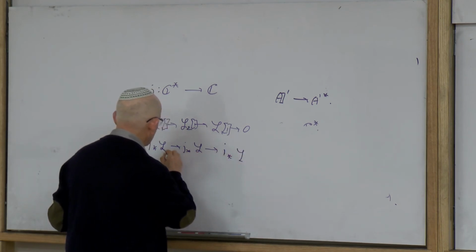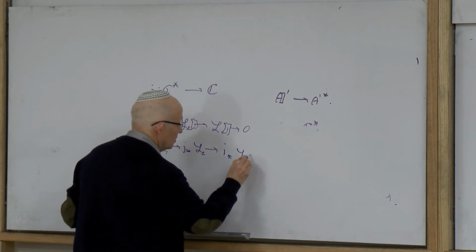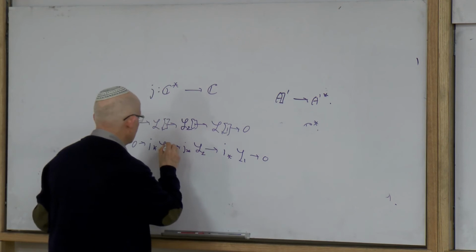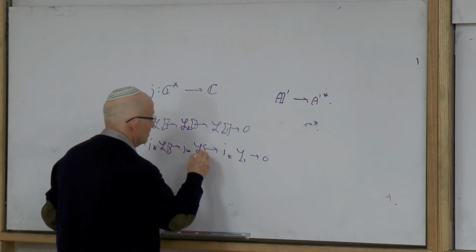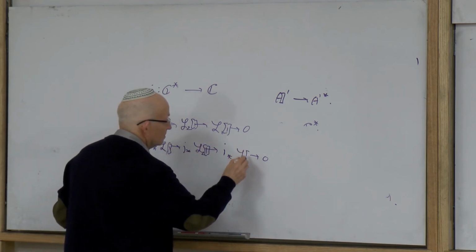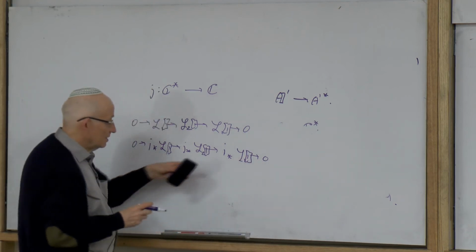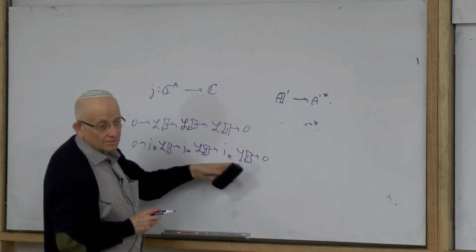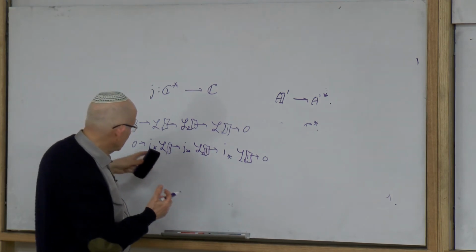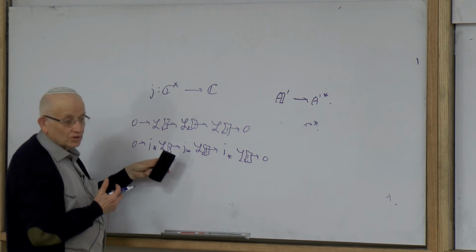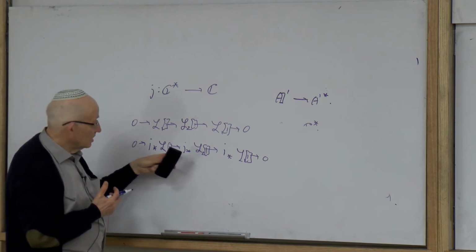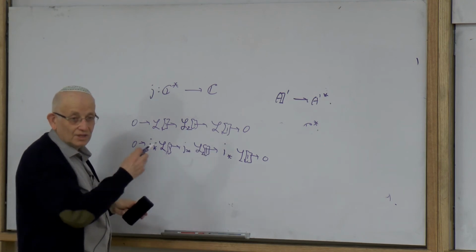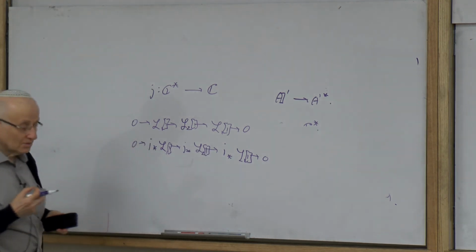Now we know that this guy is glued from two perverse sheaves, delta and 1, and this guy is glued from two perverse sheaves, delta and 1. So hence this guy is glued from four: two deltas and two constant sheaves.